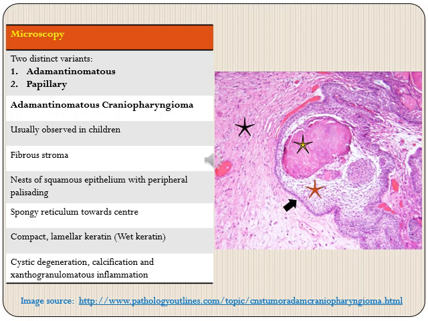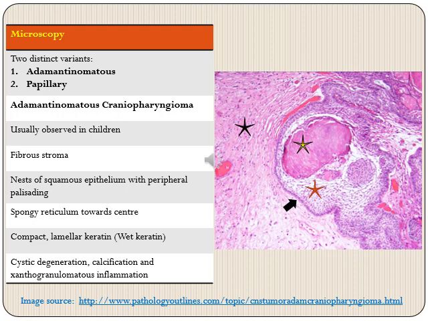Microscopically they have a fibrous stroma, which we can see in the photomicrograph on the right, where this fibrous stroma is depicted by the black asterisks. Then they have nests of squamous epithelium, which we can observe in the right half of the photomicrograph.